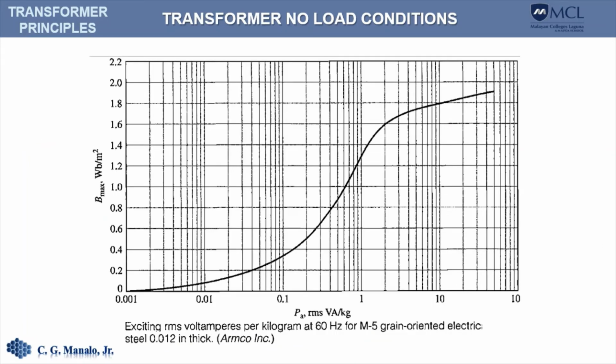There is another data sheet where, given again the magnetic flux density inside the core, we can get the exciting RMS volt amperes drawn by the transformer in terms of volt amperes per kilogram of the transformer mass.